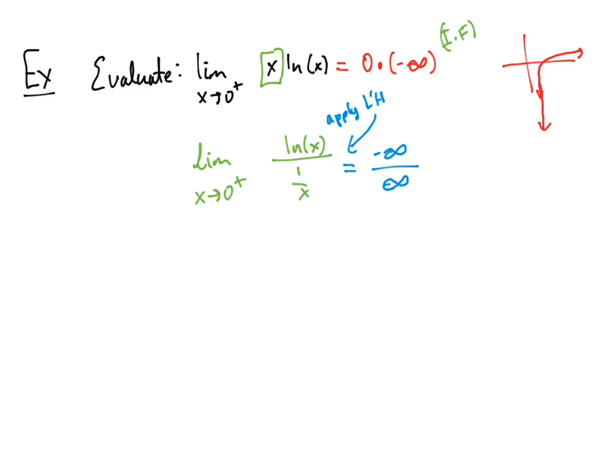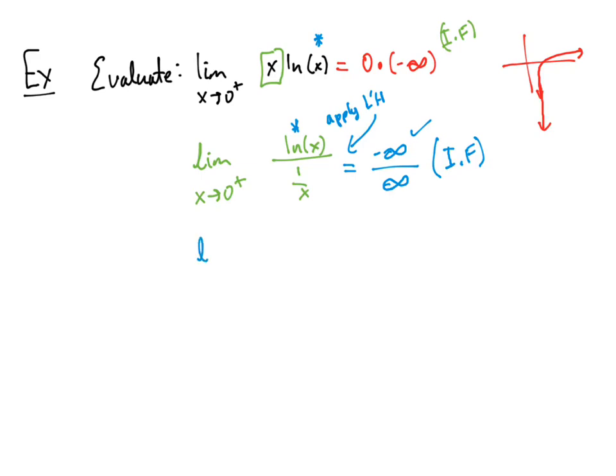So this is still an indeterminate form. We want to make sure that we have an indeterminate form before we apply L'Hopital's rule. Initially, up here, we knew that that was an indeterminate form. But the question was, when we rewrite this as a quotient, is that still an indeterminate form? And it is. So we're going to apply L'Hopital's rule to this new limit.